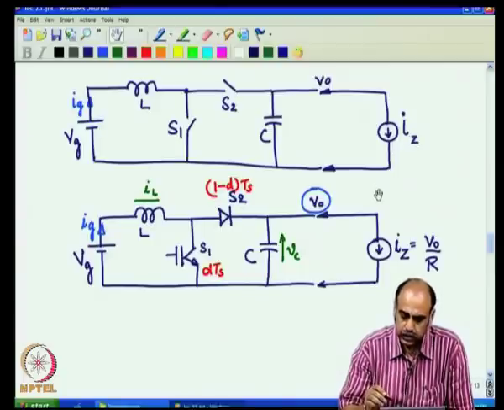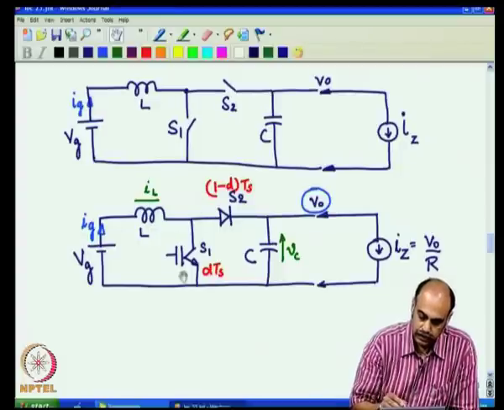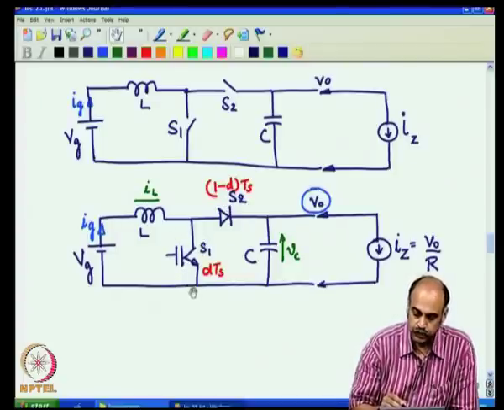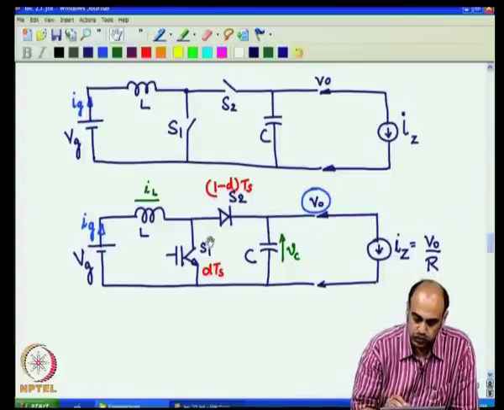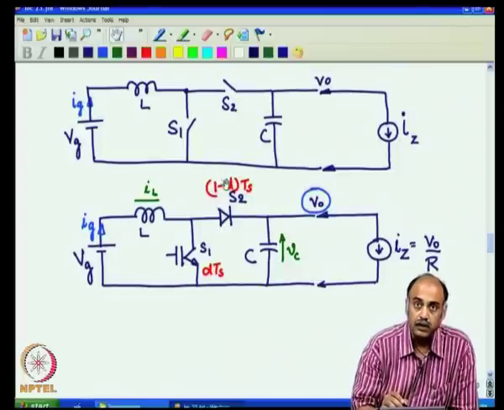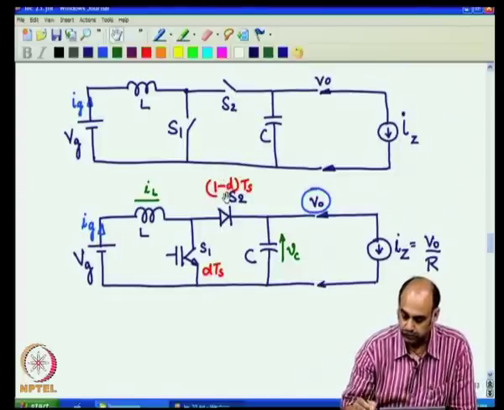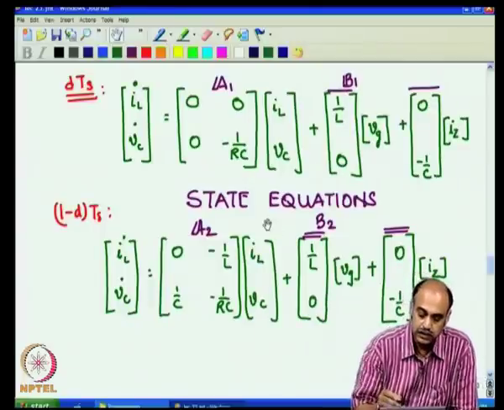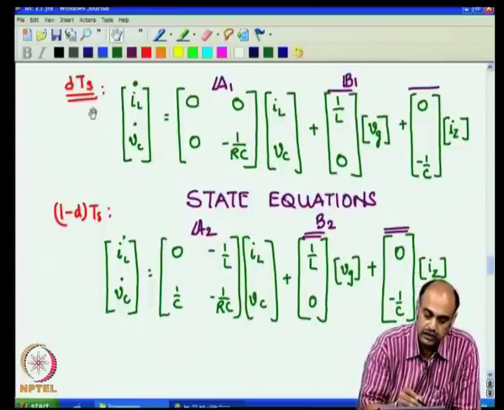This is also representable in terms of switches here. It can have an IGBT here or a diode as these two switches, the IGBT being switched during DTS time and the diode comes into action during 1 minus DTS time. And from here we started developing the state equations during DTS time.